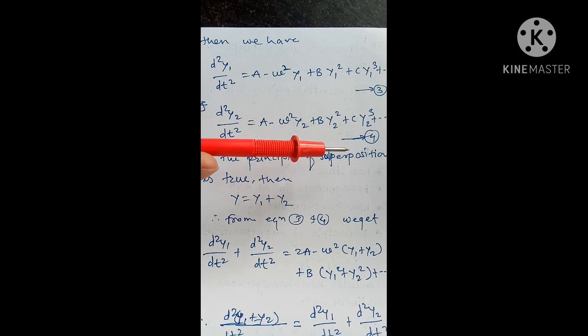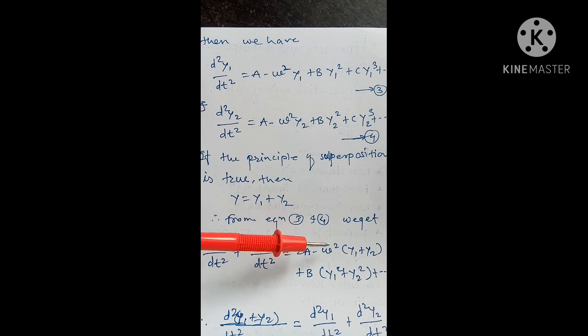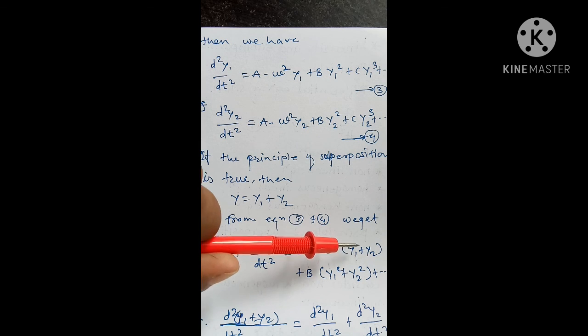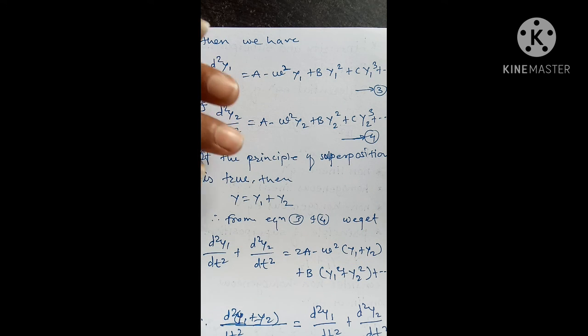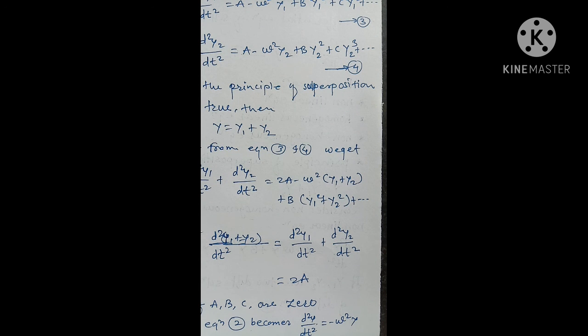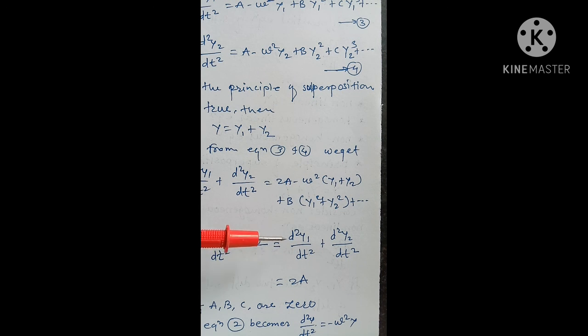Now from equation 3 and equation 4, if we add these two equations, d²y1/dt² + d²y2/dt² = 2A - ω²(y1 + y2) + b(y1² + y2²) + .... And if we simplify this, then we get d²(y1 + y2)/dt² equal to d²y1/dt² + d²y2/dt², that is equal to 2A. That means the resultant amplitude is twice A.